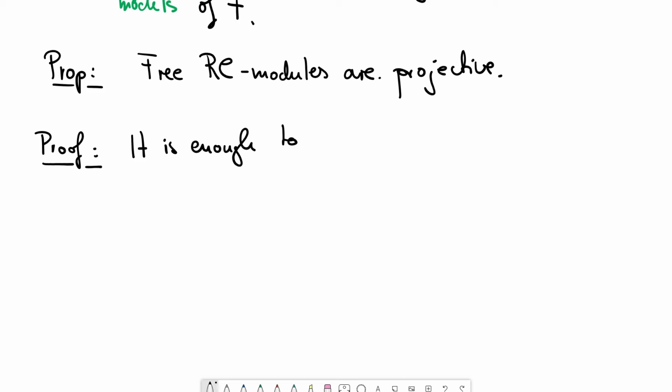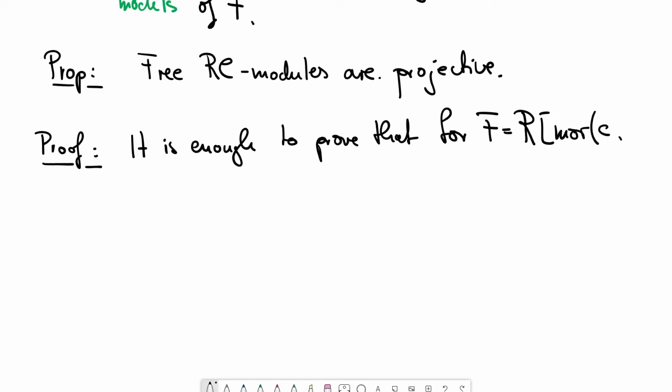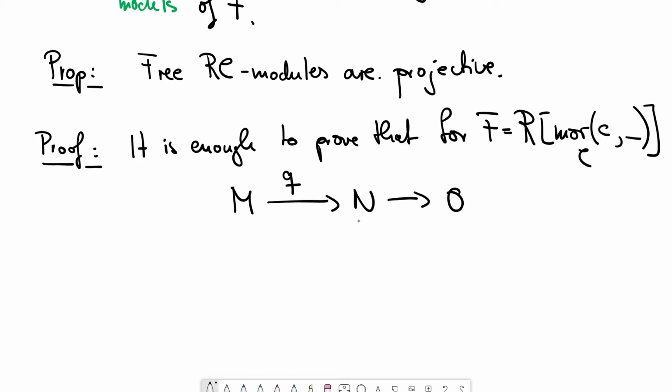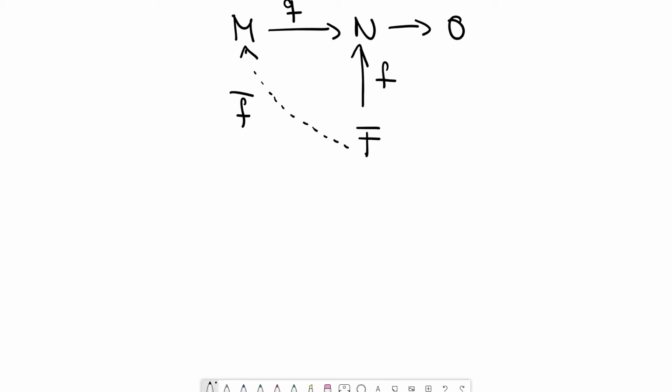So it's enough to prove that for F being R of the morphisms from a fixed C, like that. Okay, so let's consider a lifting problem. Let's call that Q. Let's call that F. Remember, these are natural transformations. And what we need to construct is a lift F bar. That's our task.